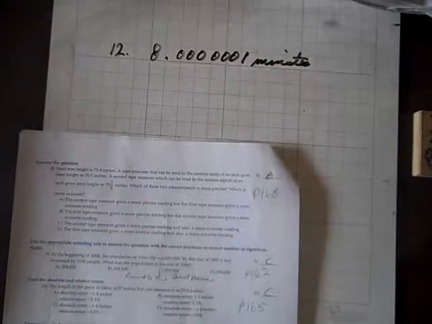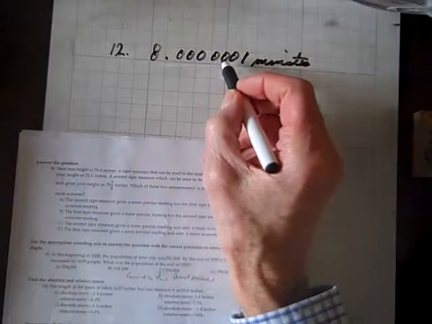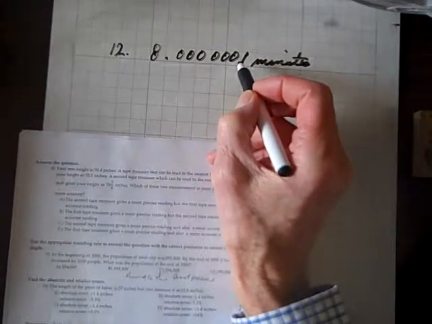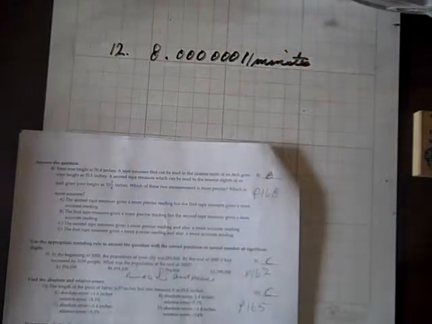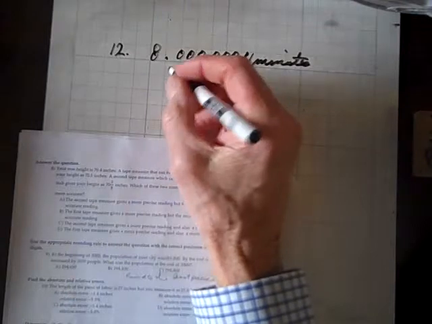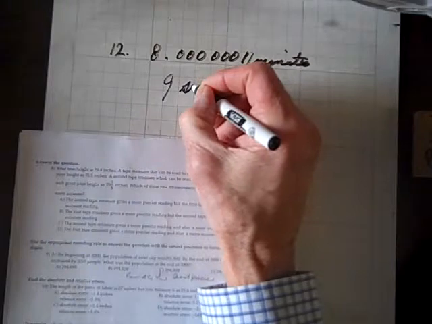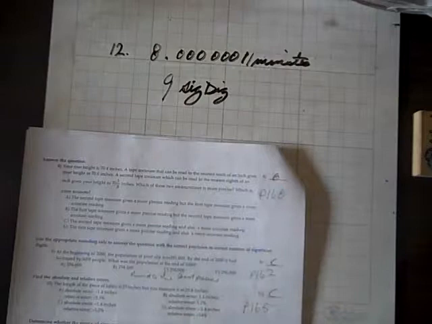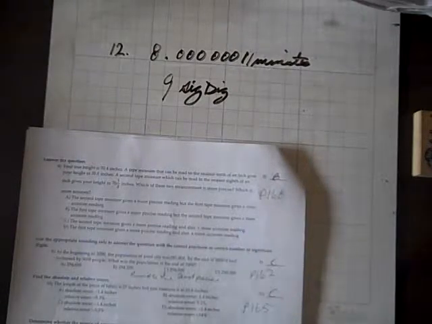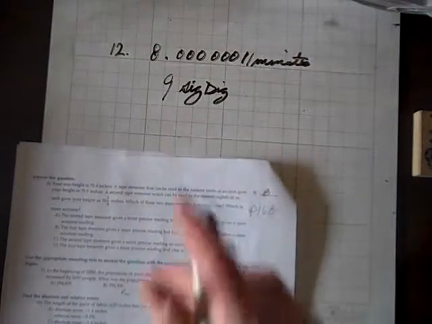Well, the number of significant digits is 1, 2, 3, 4, 5, 6, 7, 8. Oh, I left out a 1. 9. So we have 9 significant digits. And by the way, I notice the answers provided are not appropriate for this question. They are incorrect.